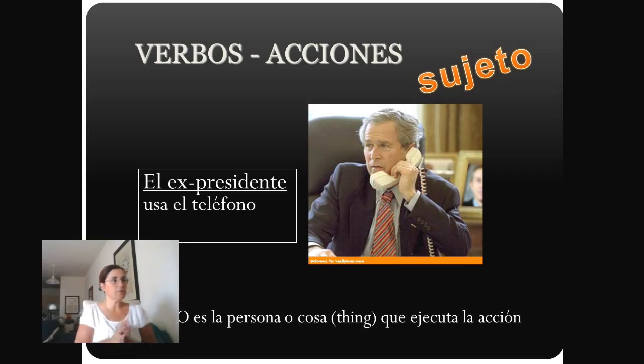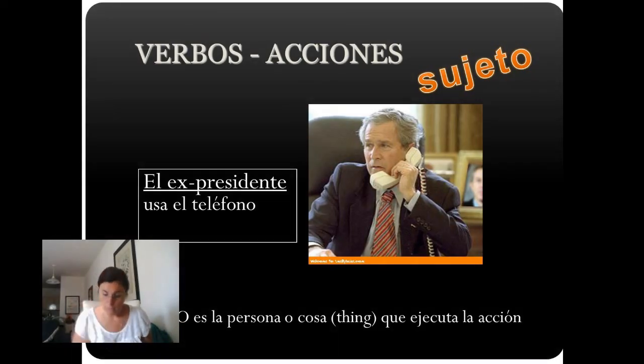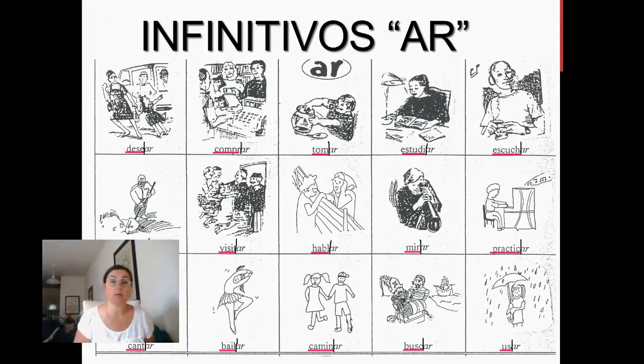So here we have el expresidente usa el teléfono. So you took the verb usar from what I asked you, and you took away the a. So you had this left.